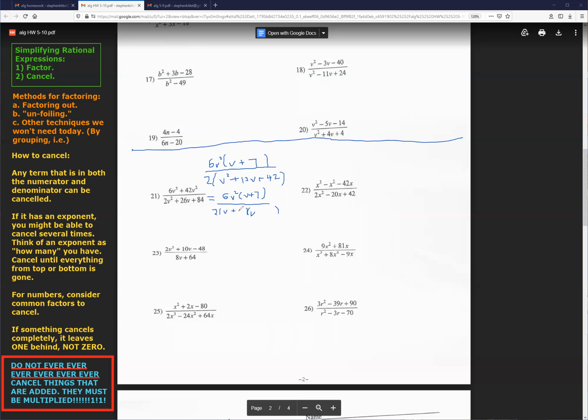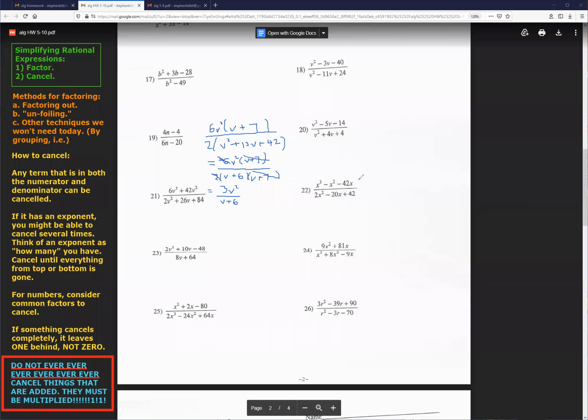That's going to be a plus 6 and a plus 7. And the v plus 7s will cancel. So in the end, oh, and the 2s will cancel here. A 2 will cancel out of that 6. So in the end, we have 3v squared over v plus 6. And that's a much grosser kind of question. Let's be honest, that's kind of disgusting. But that is going to be how we would approach number 21.